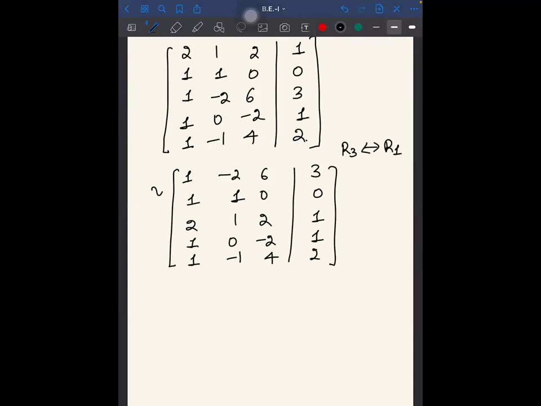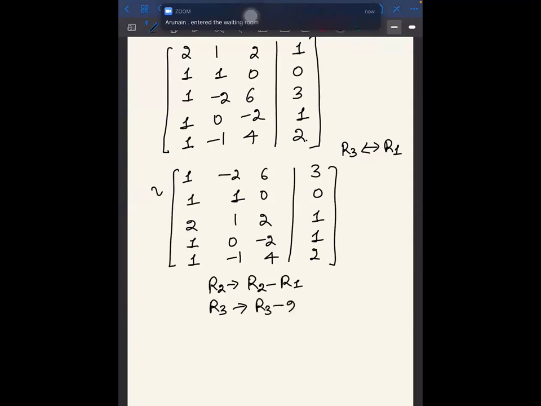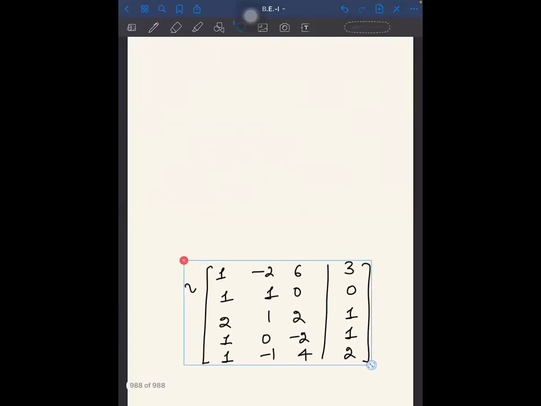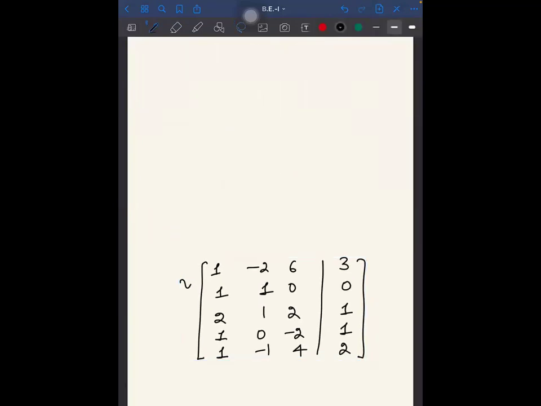Now let's start making zeros. So we shall operate on R2, R2 minus R1, R3, R3 minus 2 times R1, R4, R4 minus R1, R5, R5 minus R1. Slightly bigger calculations, so let me put it over here just for the reference.